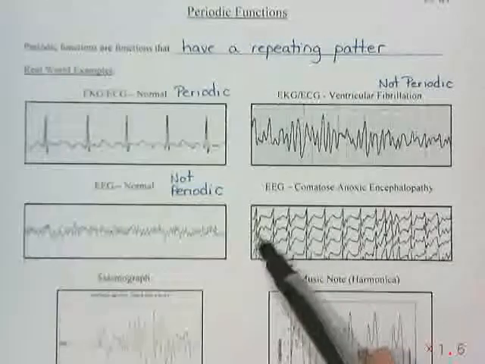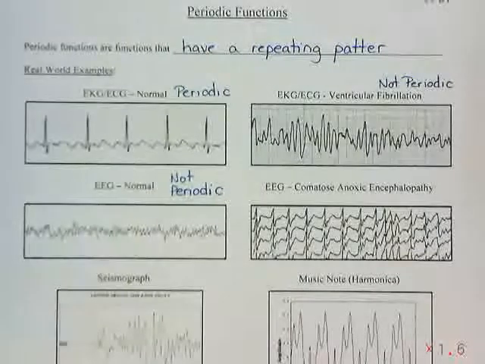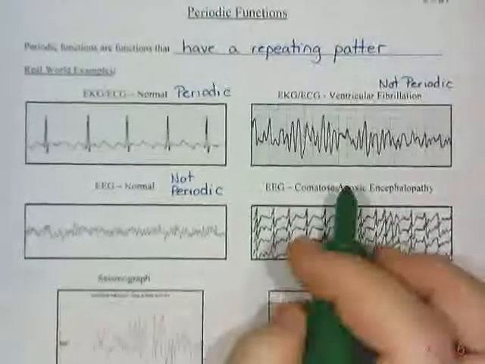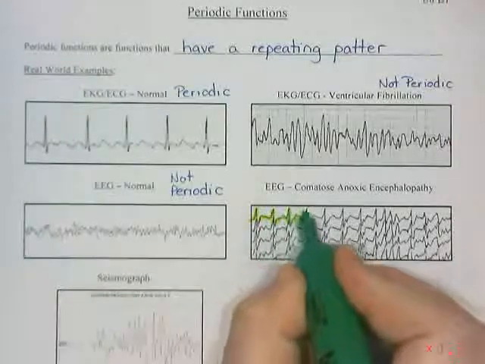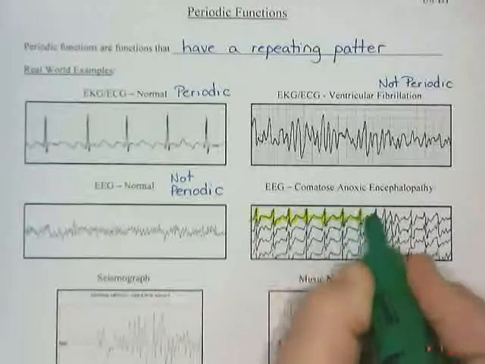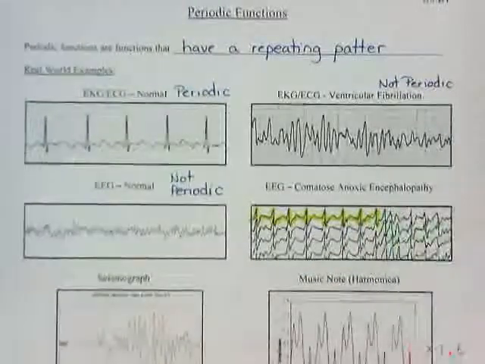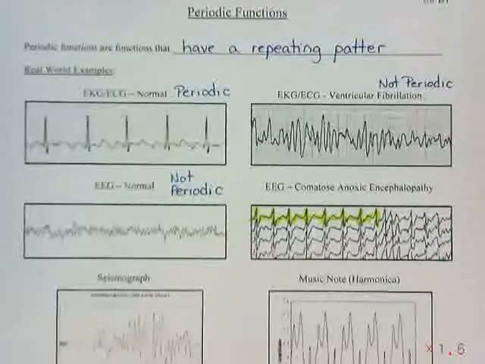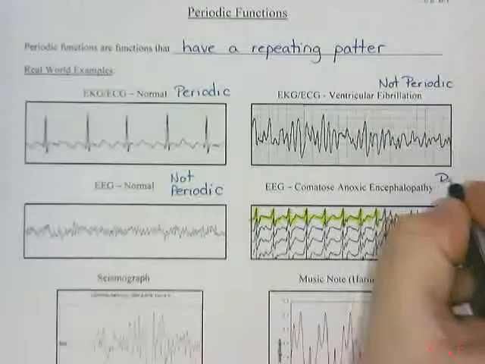And you'll notice if you take a look at this one, I know that there's a lot more, but if I take a look at just, say, the top one, there definitely is a clear repeating pattern, which when it comes to your brain is not a good thing. So I would say that at the end it loses its periodicity, but this is, in the beginning parts anyways, periodic.